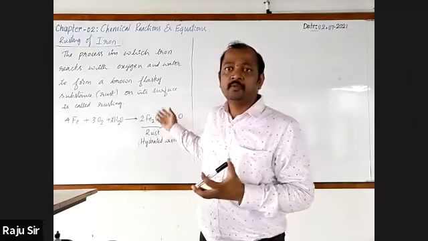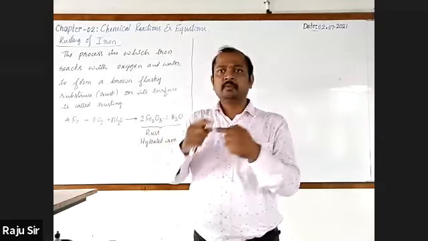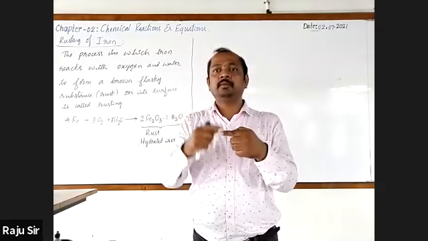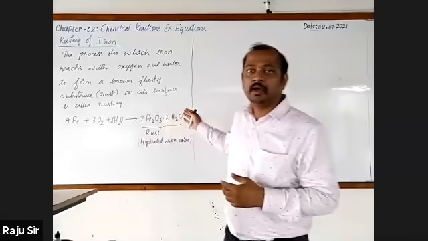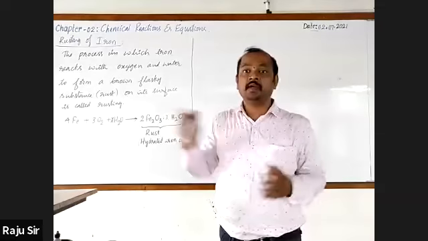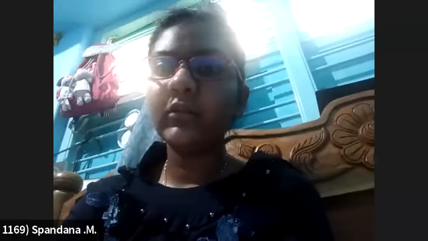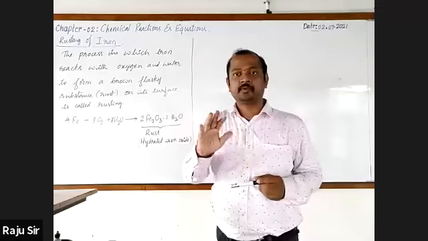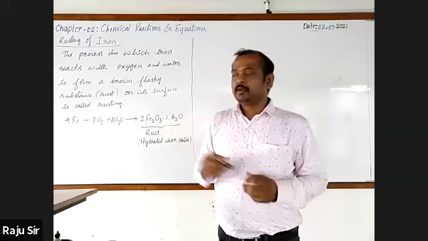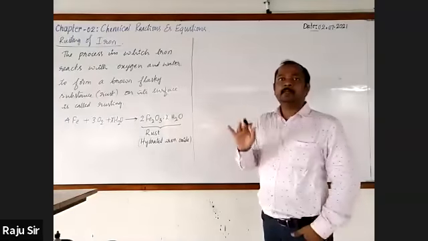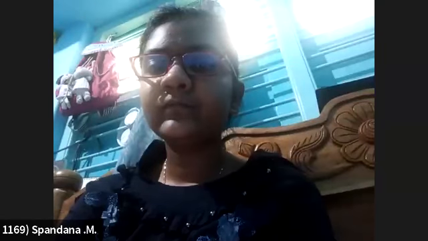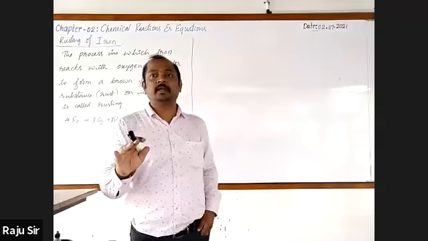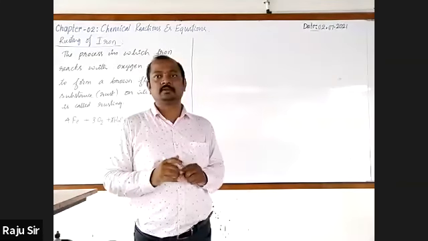So galvanizing means we give a zinc coating to iron metal, so that we can avoid rusting. Clear? So these are the methods by which rusting of iron can be prevented.